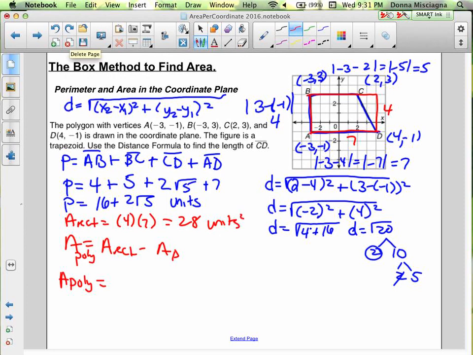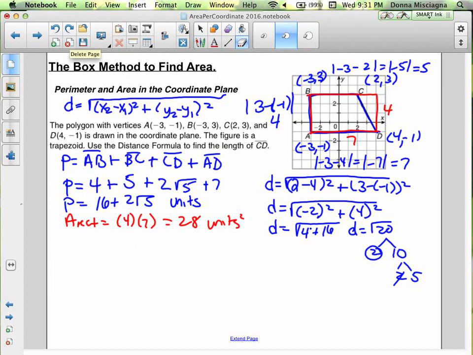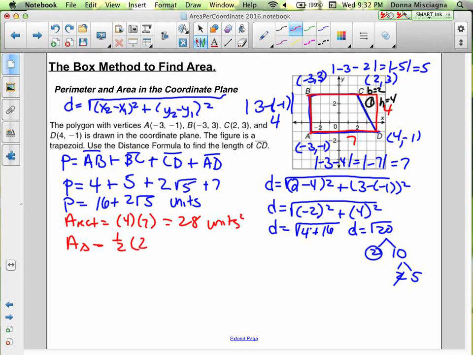Now let's find the area of our triangle, the leftover space between our box and the polygon. The base here is 2 and the height is 4. So the area of the triangle is 1/2 times 2 times 4, which is just 4 units.